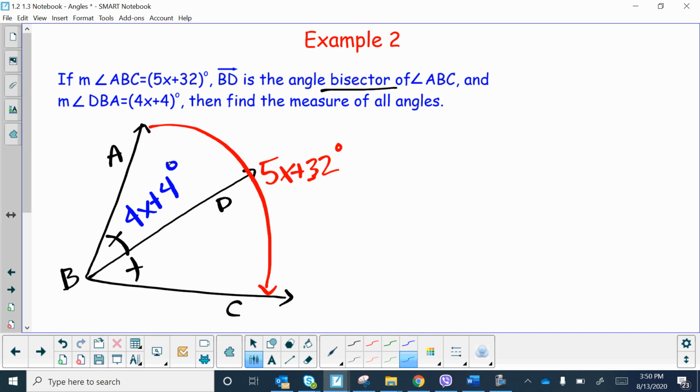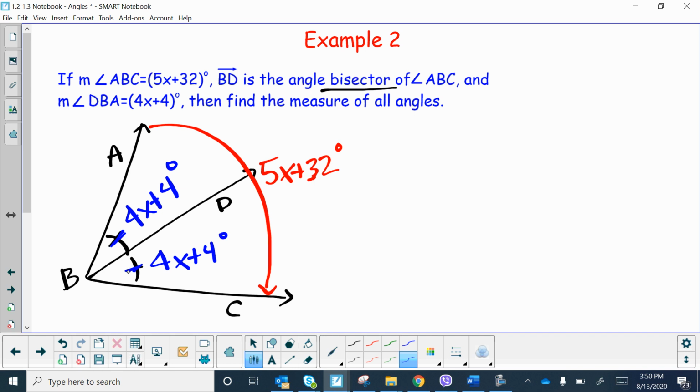Well, we just marked that these two are equal. So since they're equal and we have a representation for angle ABD, this angle down here can also be represented as 4x plus 4 degrees, because this is an angle bisector.